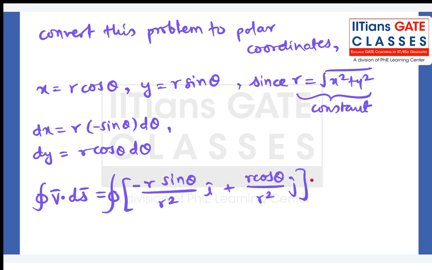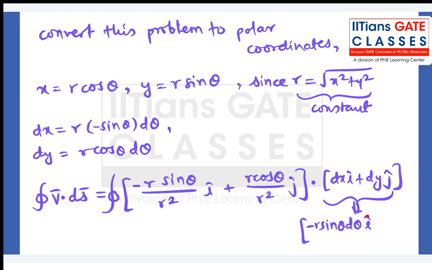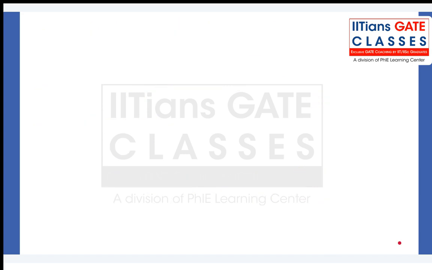And then you are supposed to take the dot product with dx i plus dy j cap, right? And this also you can write from here: minus r sin theta d theta i plus r cos theta d theta j. And then you take the dot product.